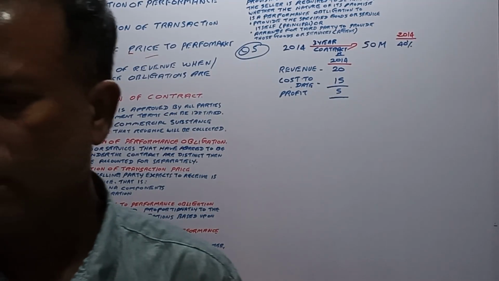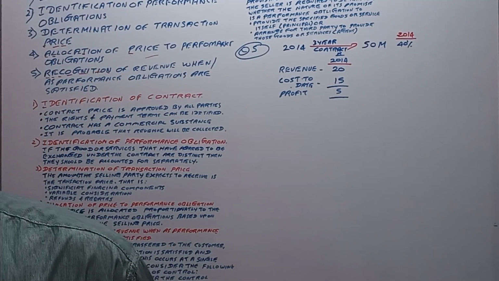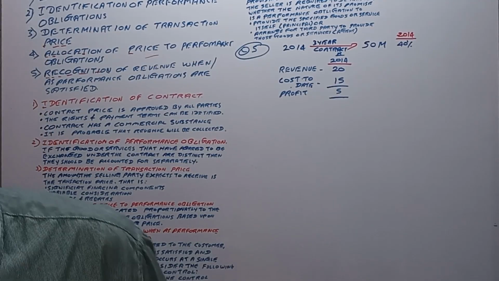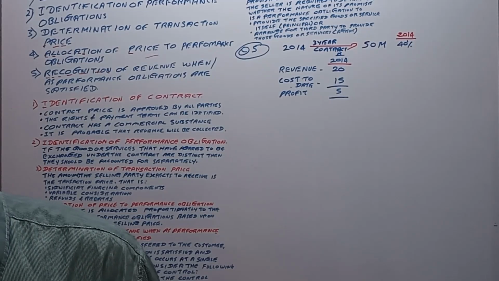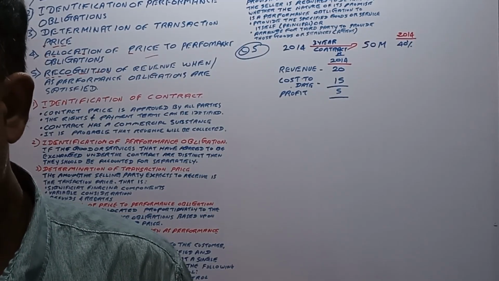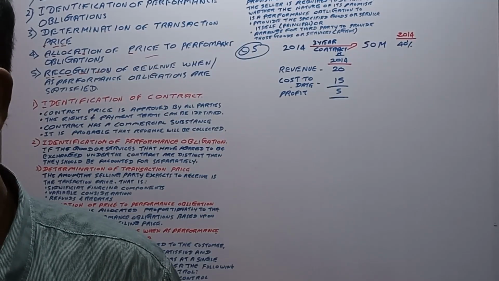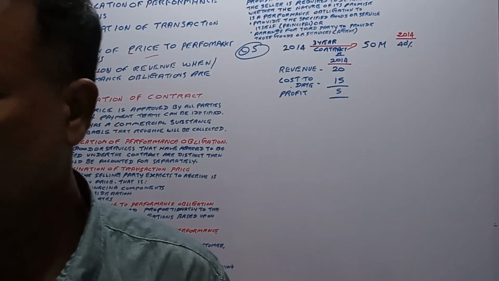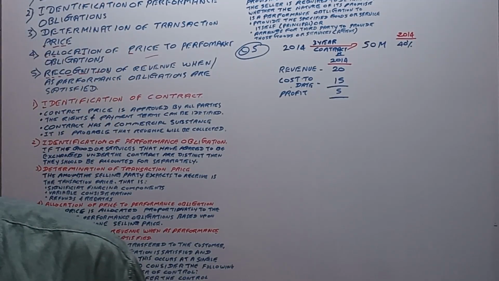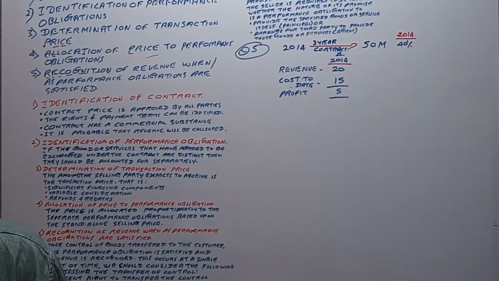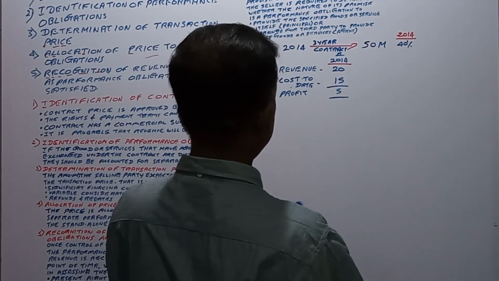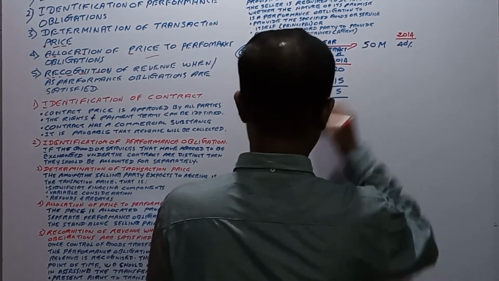Same facts: at 31st December 2014 the cost incurred to date is 15 million, and the contract is estimated to be 40% completed. On 31st December 2015, the costs incurred to date are 28 million and the contract is estimated to be 70% completed.